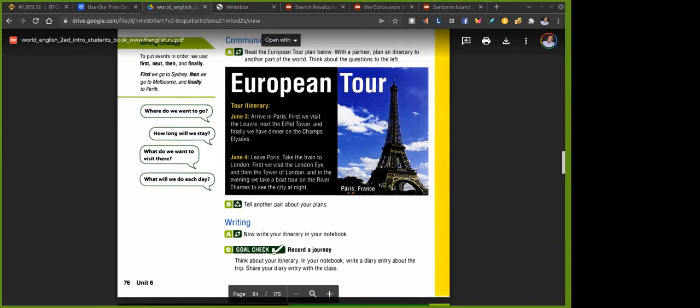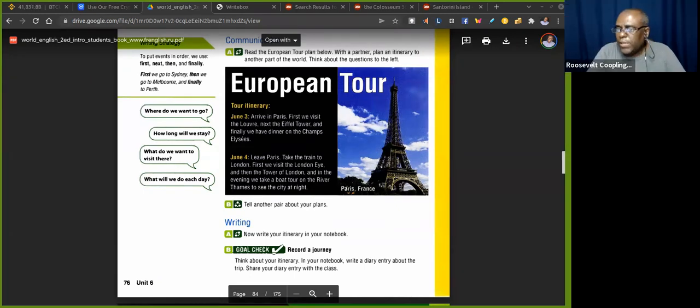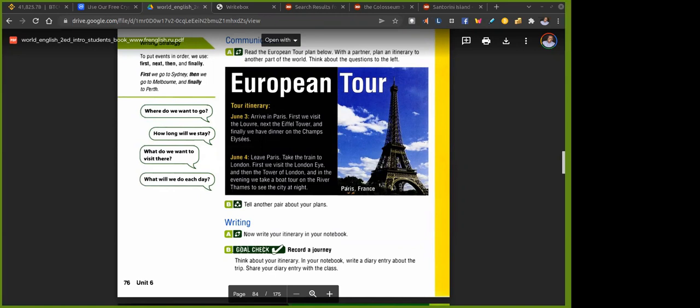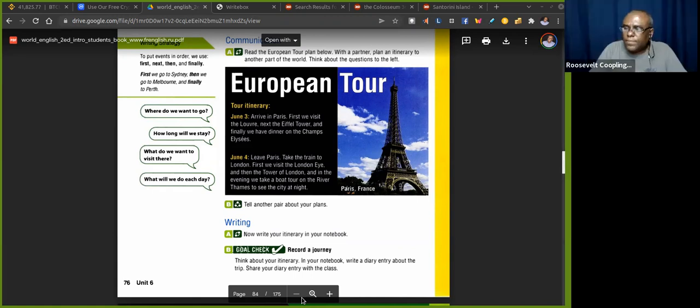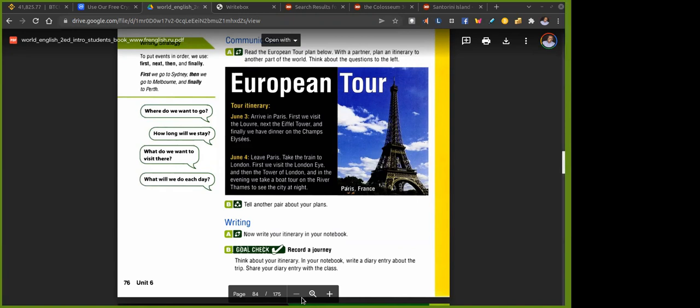Do you like the tour itinerary, the European tour? Similar, only two days, but if you want to write more days, it's okay. For example, you can include arriving in Paraguay on July 4, July 5, and staying here for two weeks.